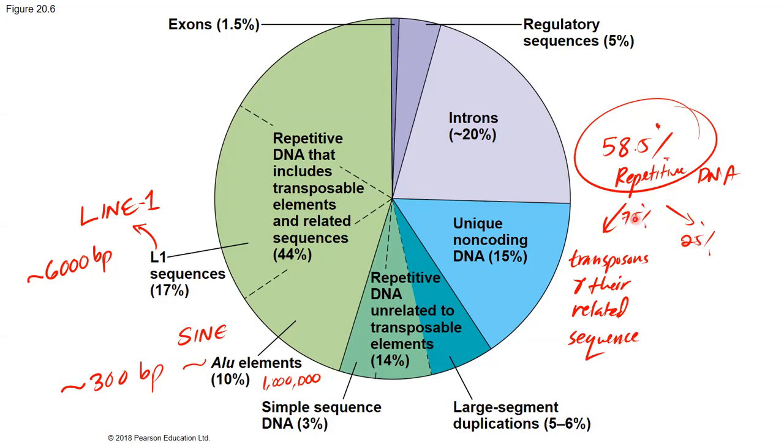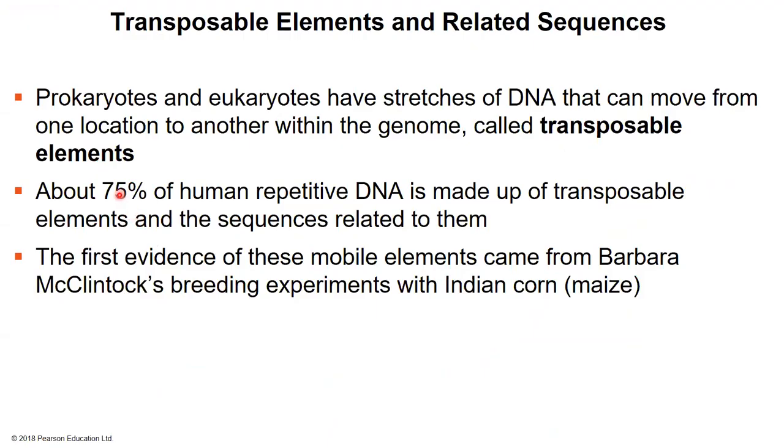So 75% of the repetitive DNA, which represents 44% of the whole genome, are transposable elements and their related sequences. The other 25% of the repetitive DNA are repetitive DNA unrelated to transposable elements. So when I say 75% of the repetitive DNA, not the whole genome.